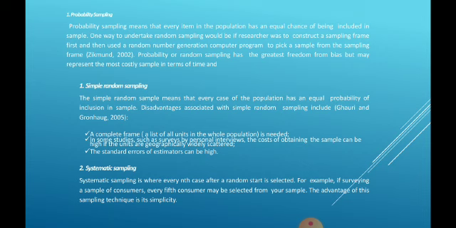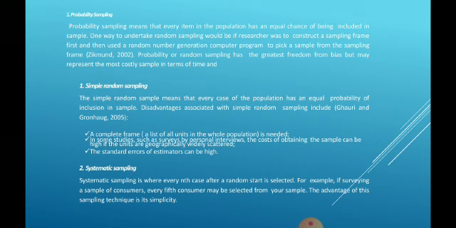It can be done by the following methods. First one, simple random sampling. The simple random sample means that every case of the population has an equal probability of inclusion in the sample.